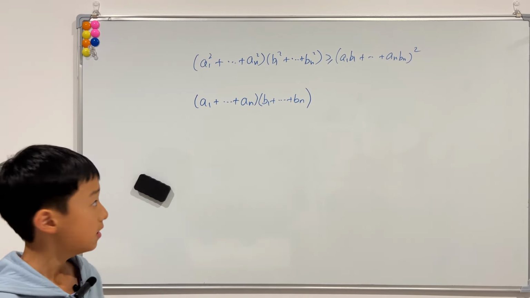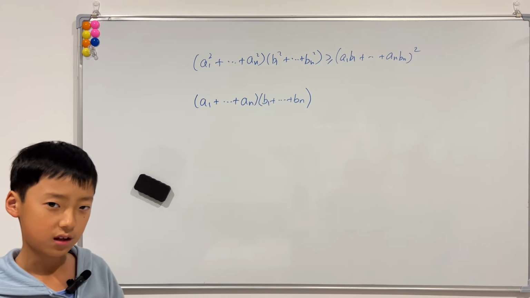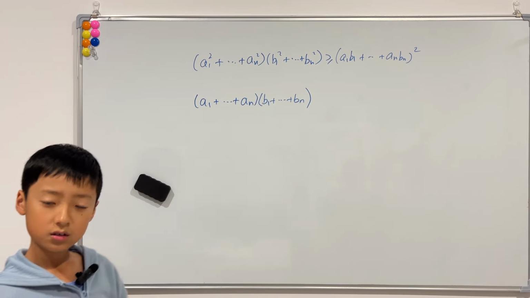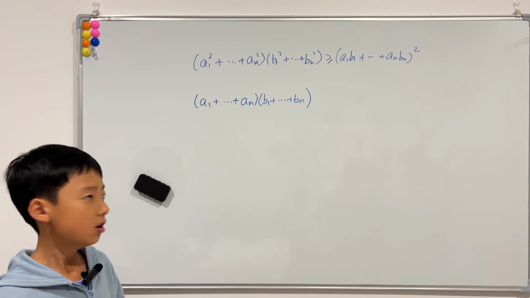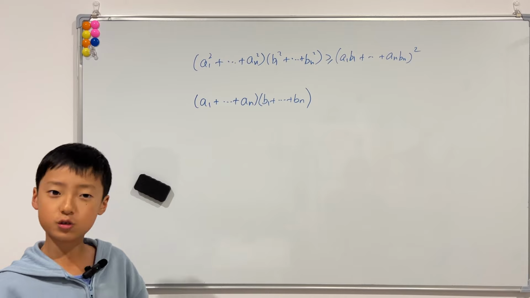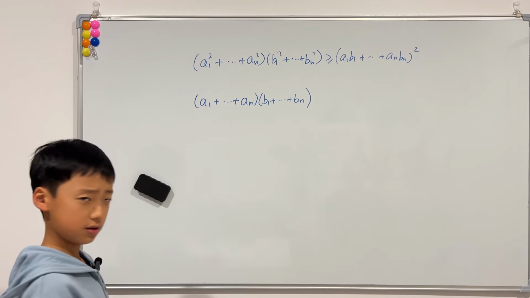Surprised, right? But it's actually not at all surprising, because a1 doesn't have a square, right? But it has a hidden square. Just take the square root of a1 and square it. Then it will be a1.